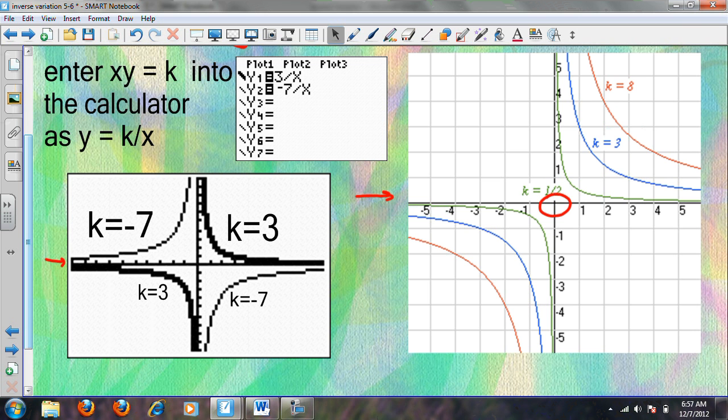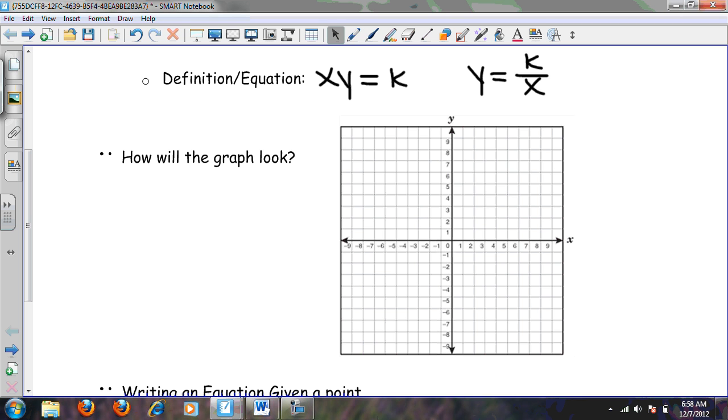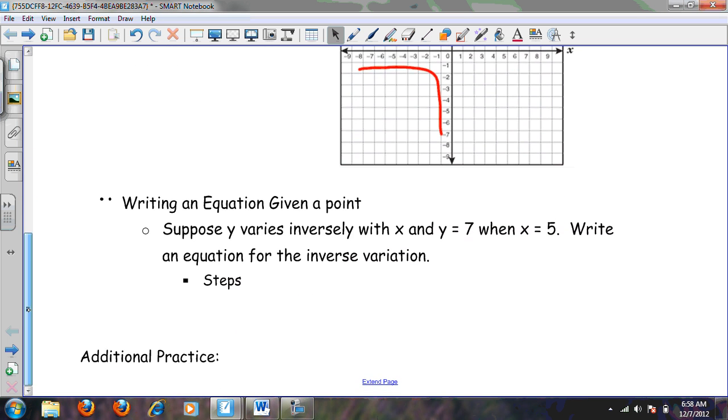The final part of this video is going to be finding out how to write an equation given a point on the grid.